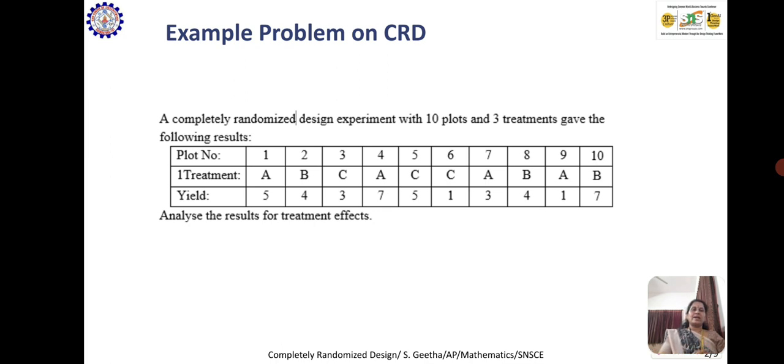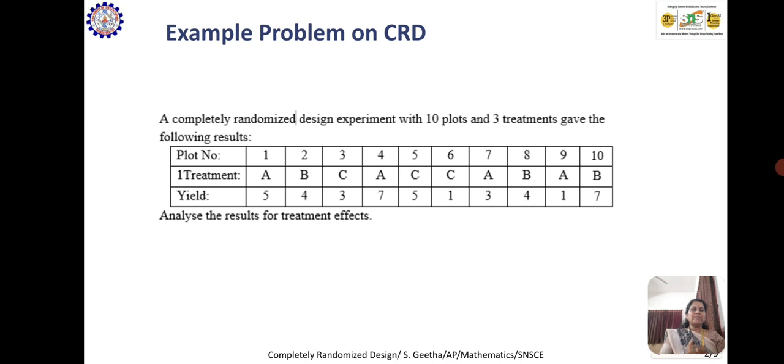A completely randomized design experiment with 10 plots and 3 treatments gave the following result. Here we have 10 plots, and we are giving treatments A, B, C and calculating the yield value. In plot number 1 we have given treatment A and its yield value is 5. In plot 2 we have given treatment B and the yield value is 4.